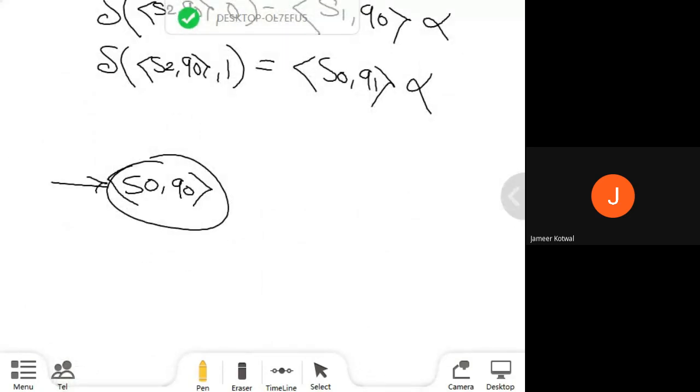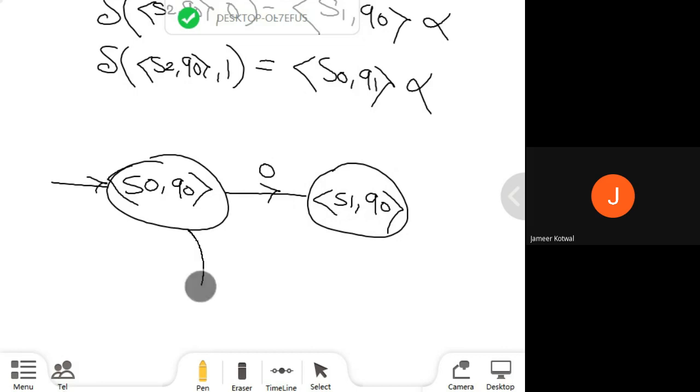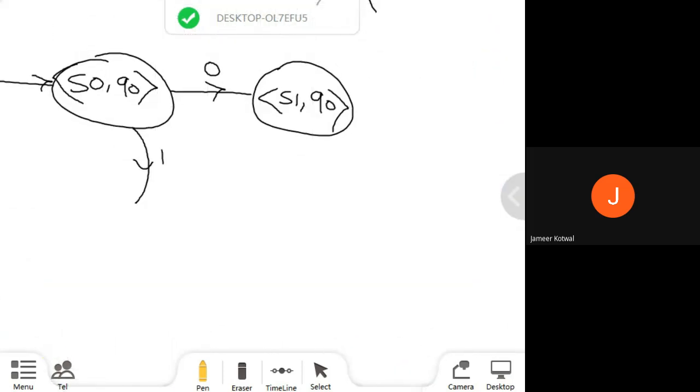So by processing 0, I reach a state that is S1 Q0, and by processing 1, I reach the next state, that is S0 Q1. So consider the state S1 Q0.